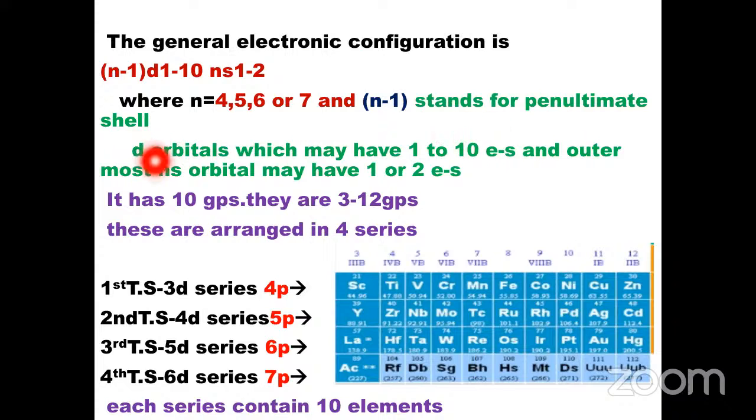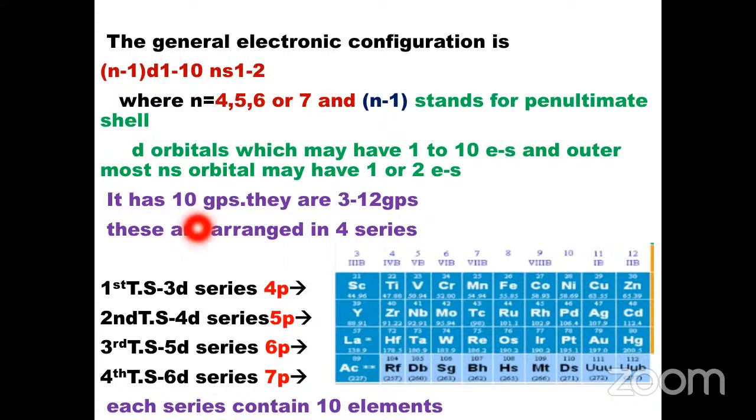The D orbital may have 1 to 10 electrons, and the outermost NS orbital may have 1 or 2 electrons.